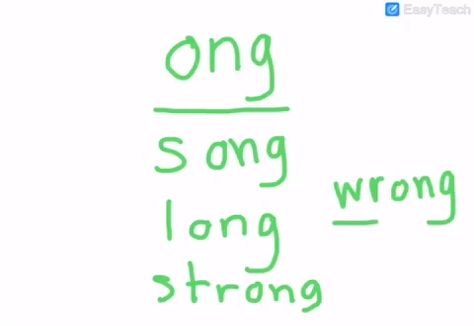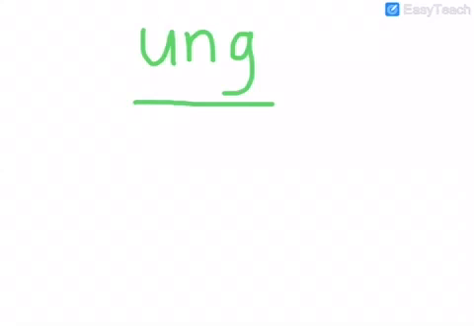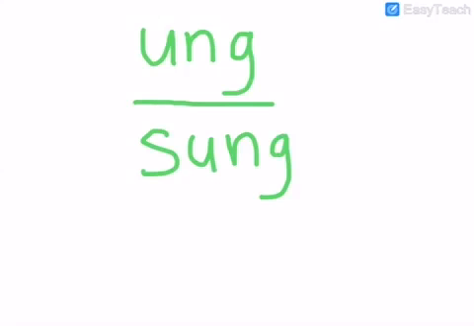And let's look at the last vowel unit that has the NG, and it's U-N-G. And that sounds like ung. You can see this vowel unit in the word sung. You can see it in the word lung. Take a moment to think of a word that might have this vowel unit.